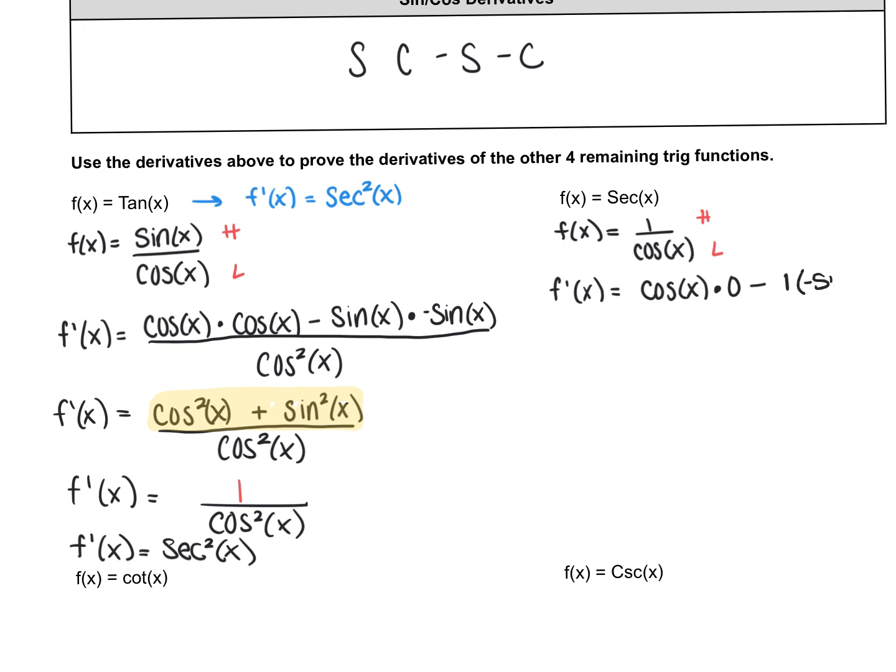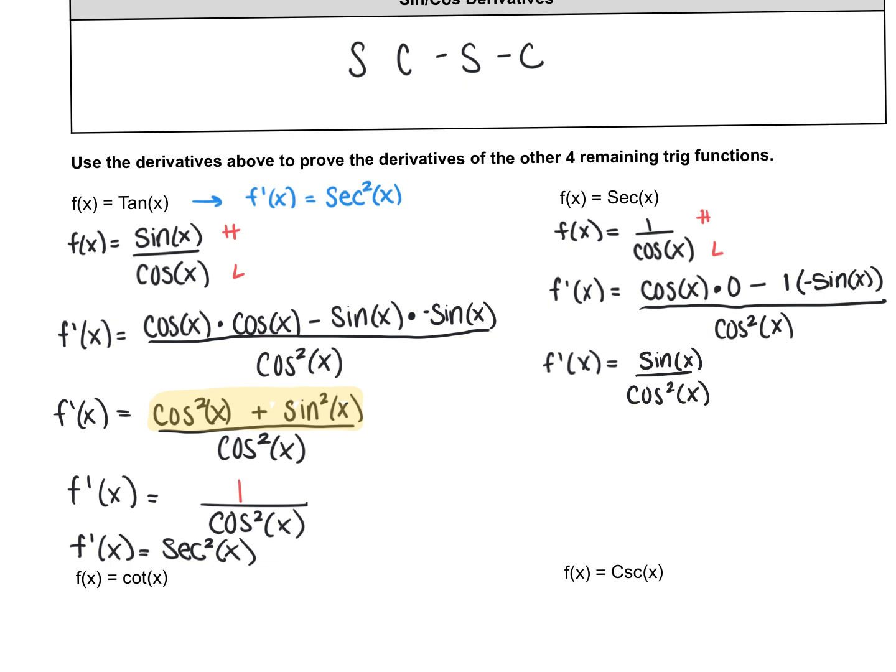So times negative sine of x all over low squared. So our derivative actually simplifies nicely because 0 times anything is 0. Negative times a negative is a positive. So this really simplifies to sine of x over cosine squared of x.